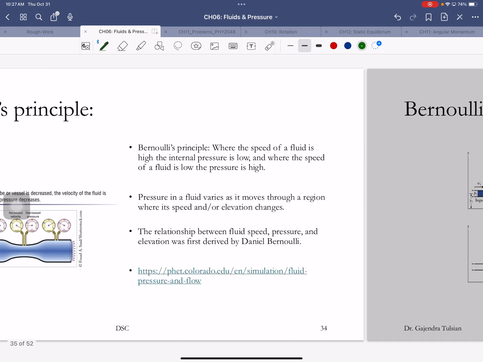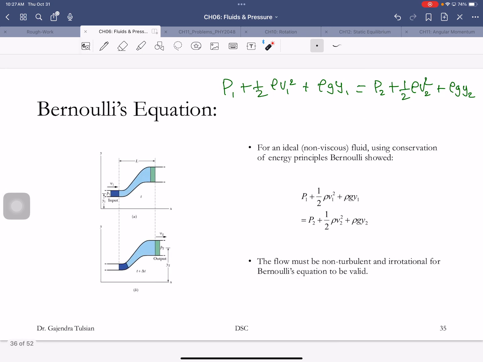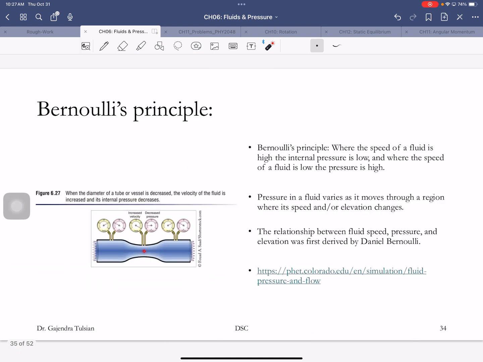Looking at this, y1 and y2 are at the same level, so I'm going to cancel these. They're equal, and so they get eliminated. And at this location, the fluid was moving faster.